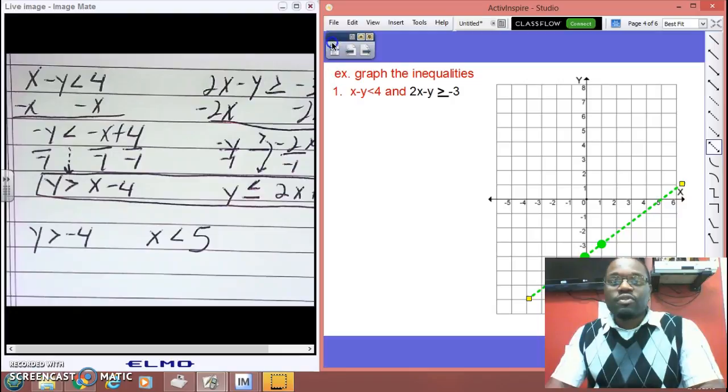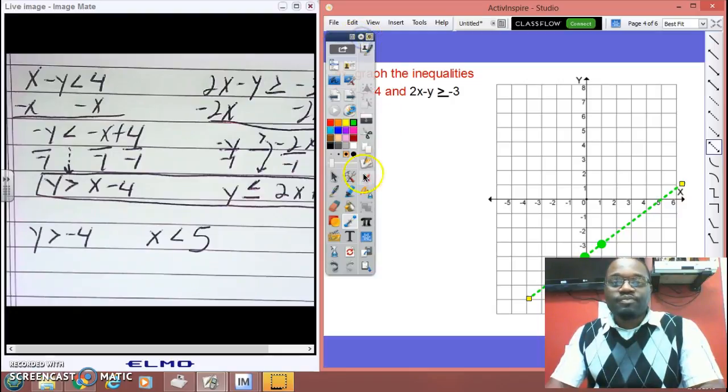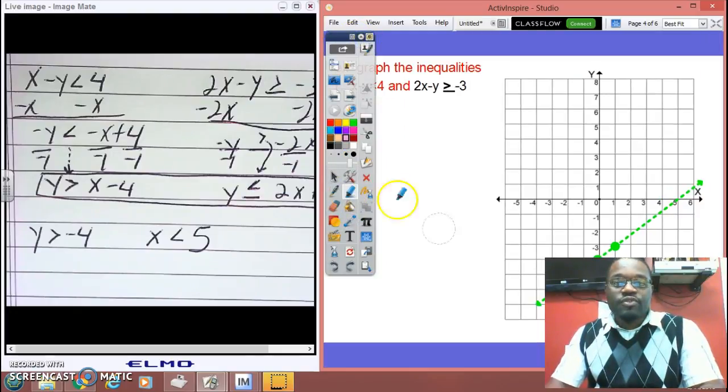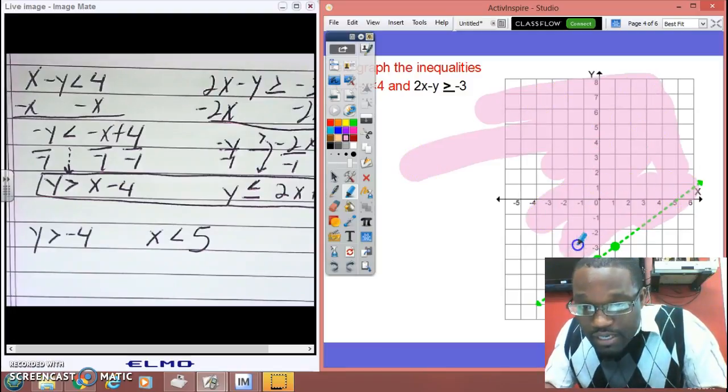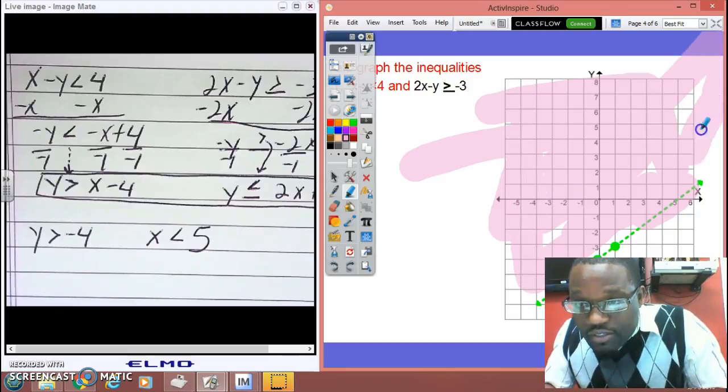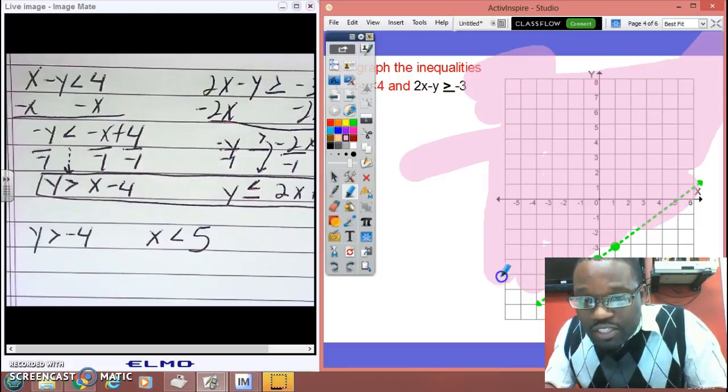Well, you have to take your pencil and you lightly shade greater than for the y, all this area on top. So I'm going to shade everything on top. And I kind of got wild with my shading. But everything on top here.